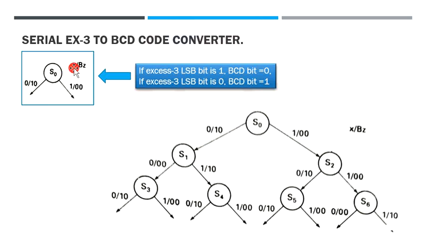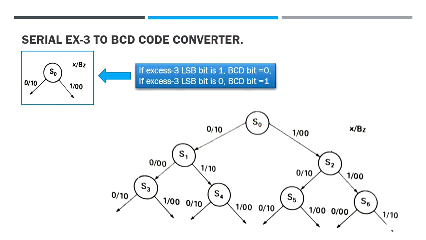So let me consider input to be X and output to be BZ or Z, because it is mentioned that serial BCD data is labeled as B. So BZ because it is a BCD and Z because it is an output variable, so it is represented as BZ. So I am considering the initial state as S0.